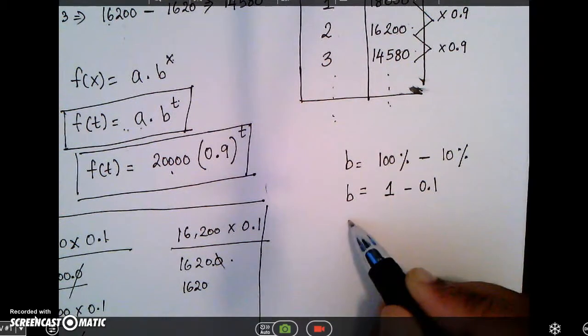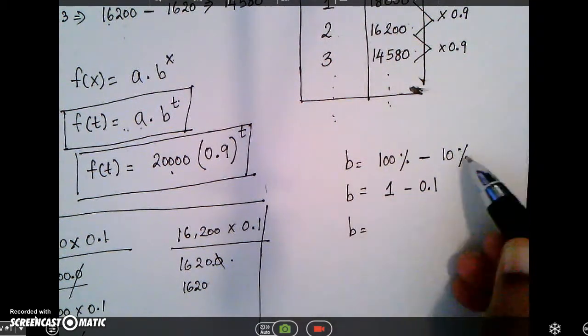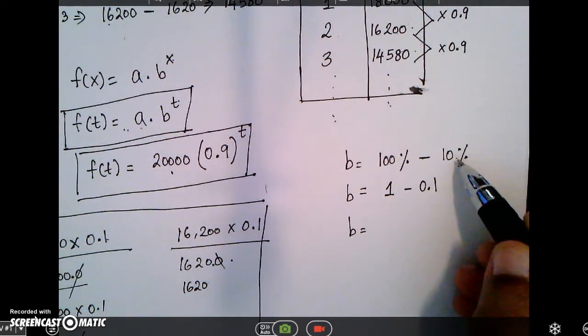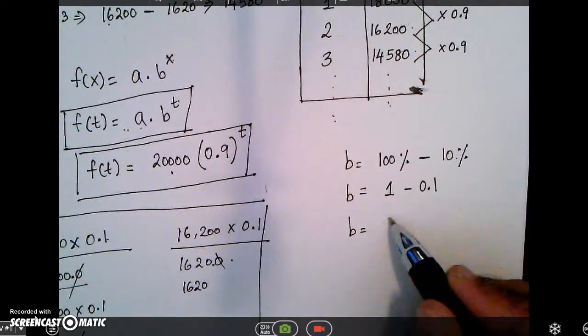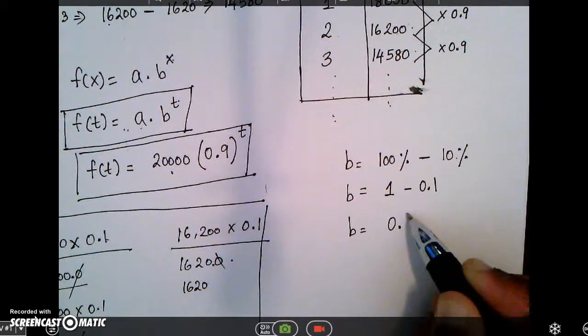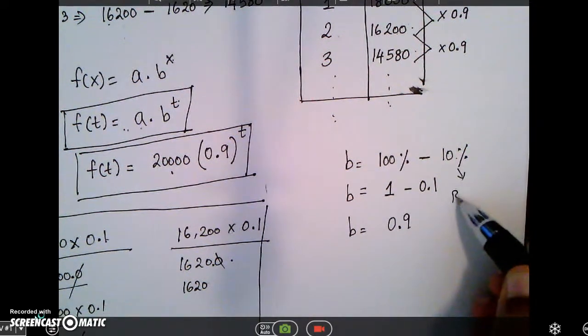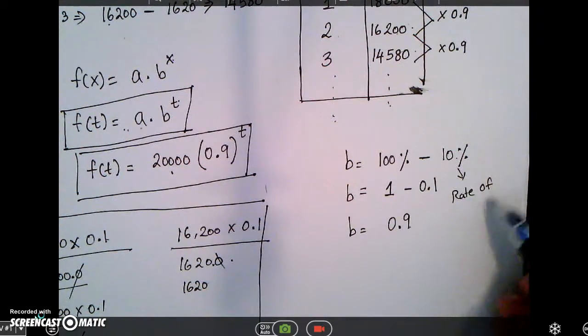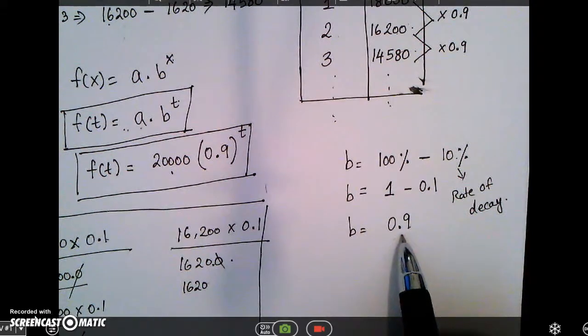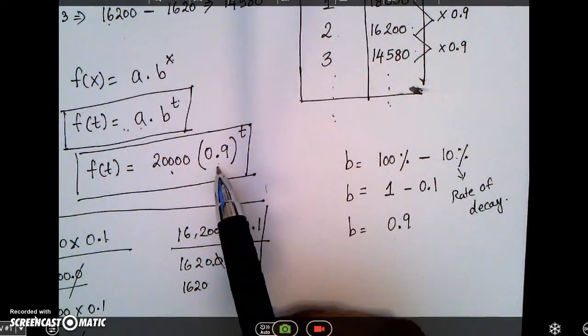So 1 minus 0.1. This is my rate of depreciation, rate of decay. So 1 minus 0.1 gave me that 0.9. So this 10% is given to you as a rate of decay, rate of depreciation, or rate of decay, I call it. So b, I got 0.9. That's how I have that 0.9.